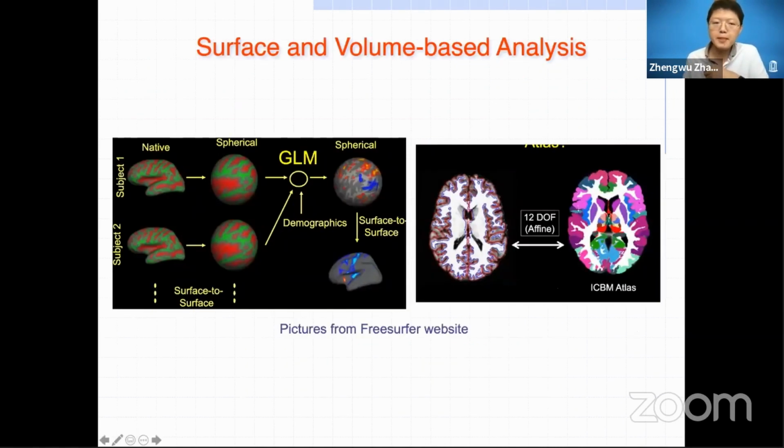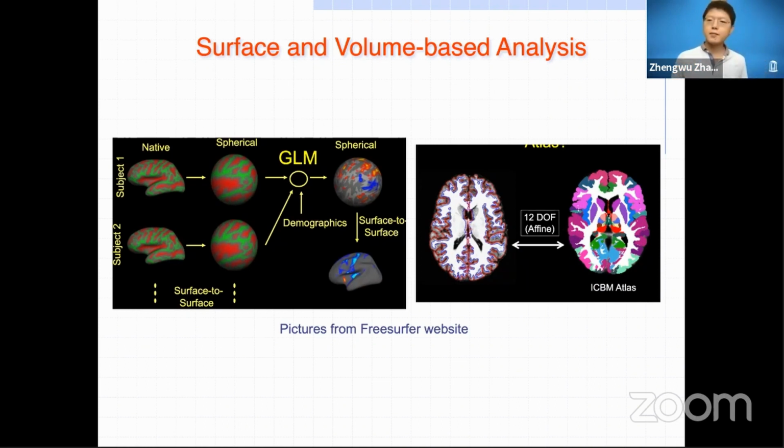with the introduction here. Broadly speaking, there are two types of analysis in the brain imaging world: surface-based analysis and volume-based analysis. Like the software FreeSurfer promoting the surface-based analysis, and other software like FSL and so on promoting volume-based analysis.